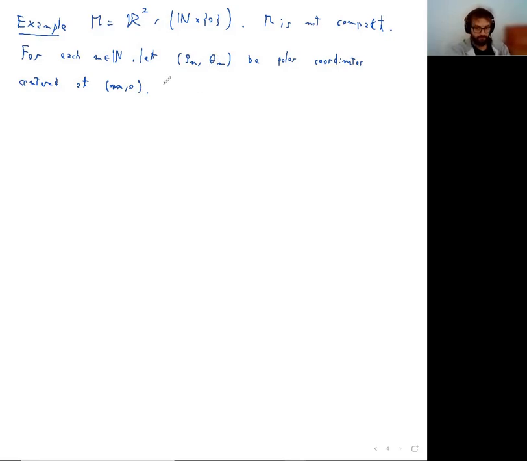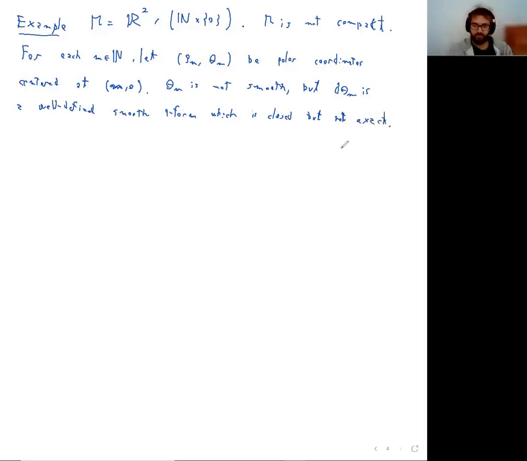So theta_m is not smooth, but its differential is well defined. It is a smooth 1-form, which is closed, but not exact.